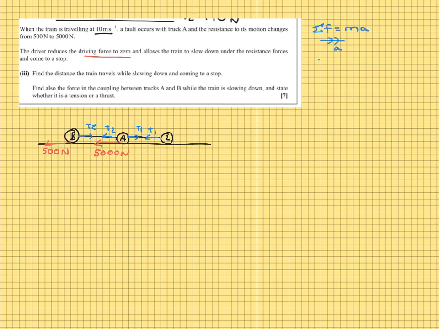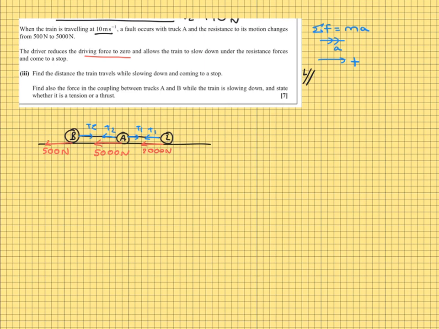Let's take going to the right as the positive direction, and look at the individual forces acting on each of the particles in turn. For the locomotive first, we are missing its resistance force, which was 2,000 newtons. We should put that in.